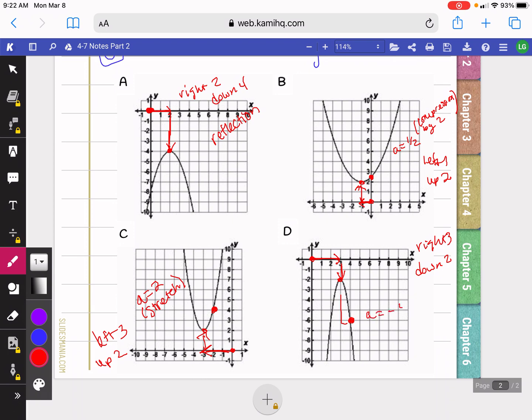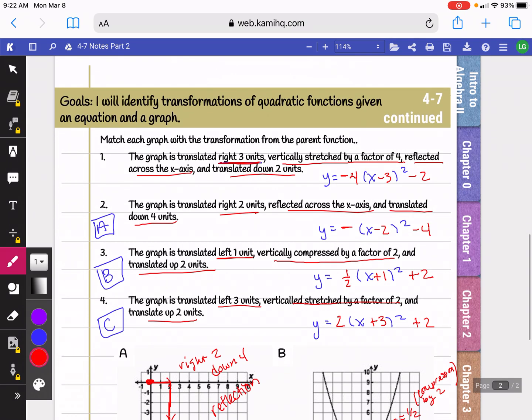So my A here is -4, which means there's going to be a reflection because it's negative. And then since it's 4, that's going to be a stretch. So this one's right 3, down 2, reflection, stretch. That matches description number 1.